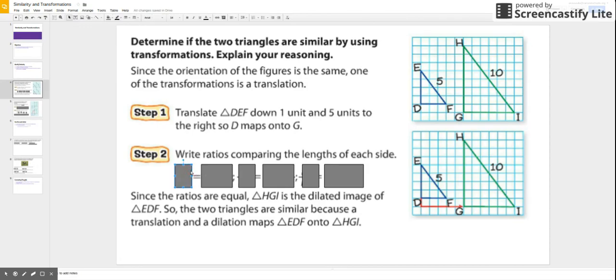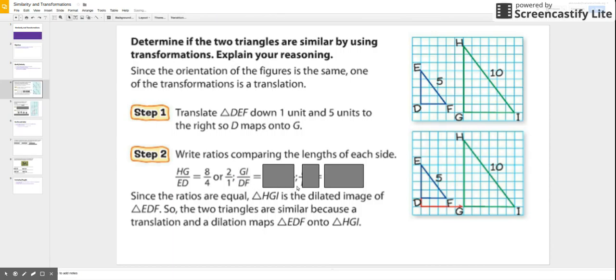Well, HG is 1, 2, 3, 4, 5, 6, 7, 8 over ED, right? HG side corresponds to ED. So 8 over 4, or 2 over 1.